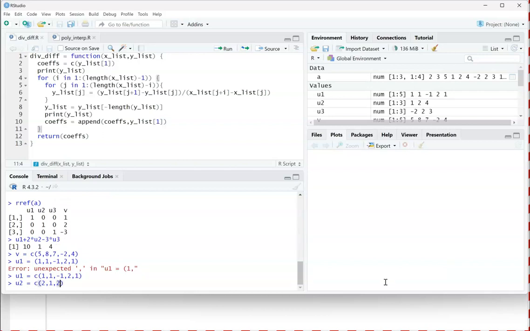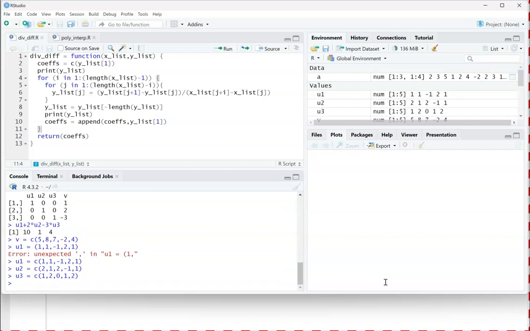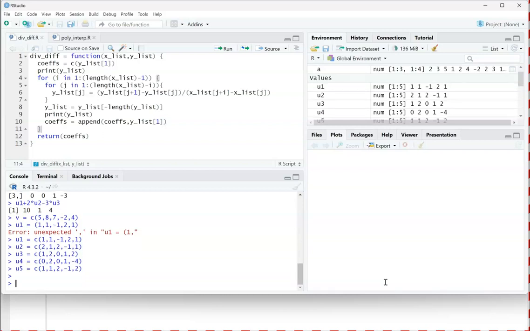It was unexpected that I got an error. If I had a keypad, it would be even faster typing this in than on my calculator. 2, 1, 1, 2, negative 1, 2. And I already have my V in there, right?